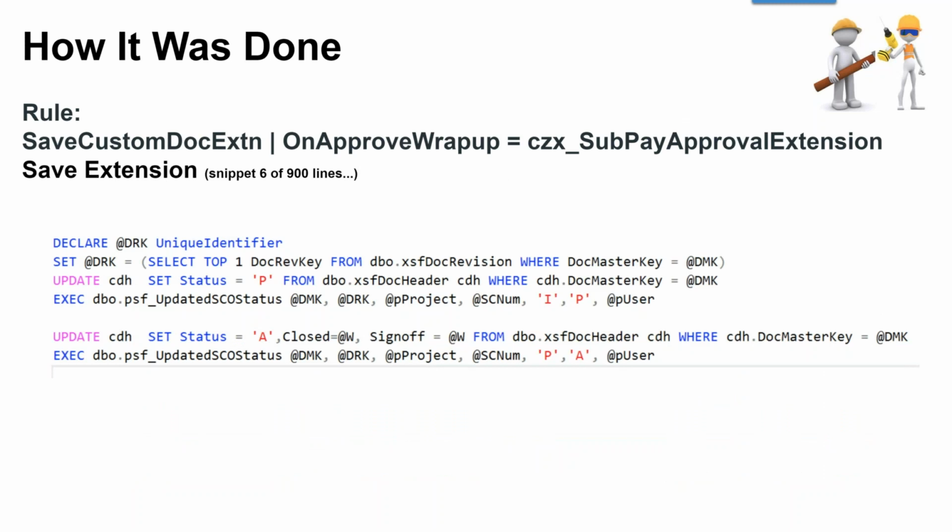The key here is that we were talking about doing something on the approval of a subcontract payment request, and creating a lot of documents, CCOs, and budget revisions on the fly. So this was done using one of those SQL backend save extensions, and I picked a little snippet of code to show, this is 6 out of 900 lines of code.